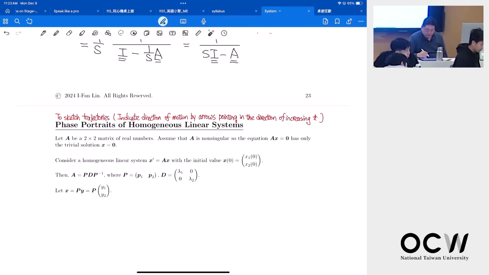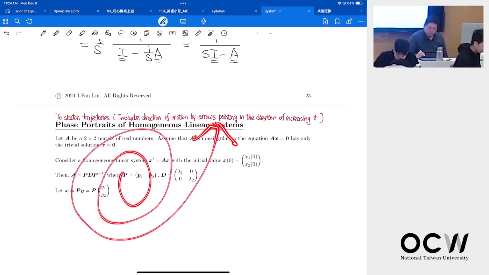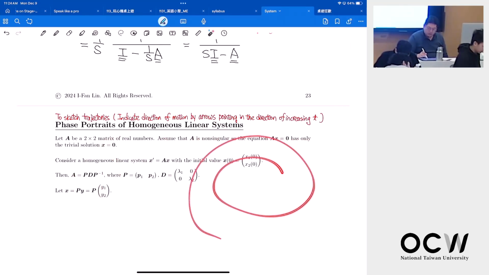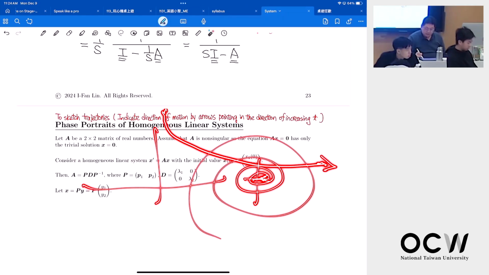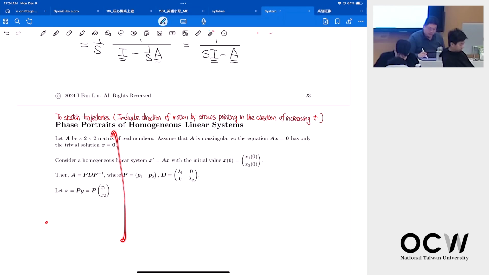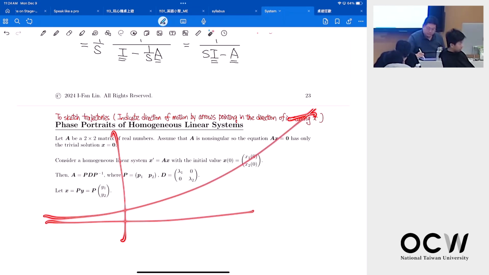So when t changes, how will this motion go? They will do like a spiral going out, or a spiral going to the origin, or maybe just like an exponential function, decayed, or the other way, go to infinity.